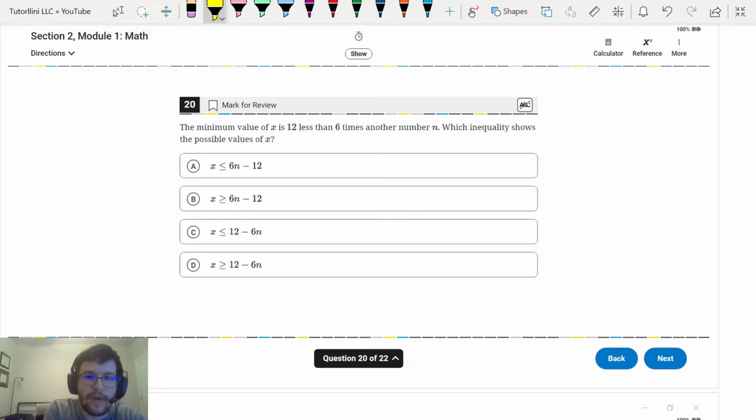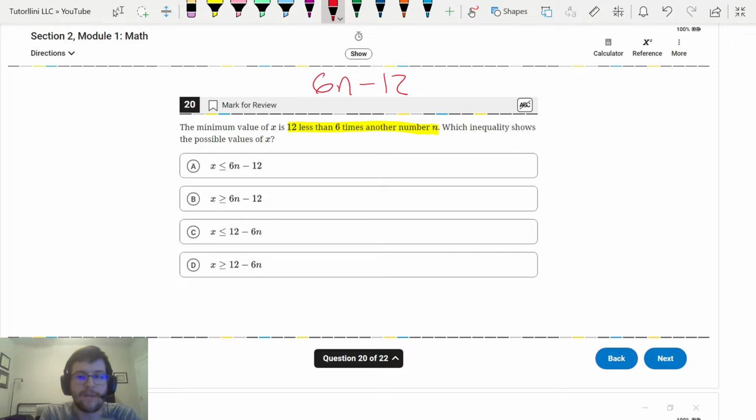Okay, so 12 less than 6 times another number n. So 6 times another number n is 6n, and then 12 less than that would be minus 12. A little disorienting because the 12 comes first, but in reality you put it after.